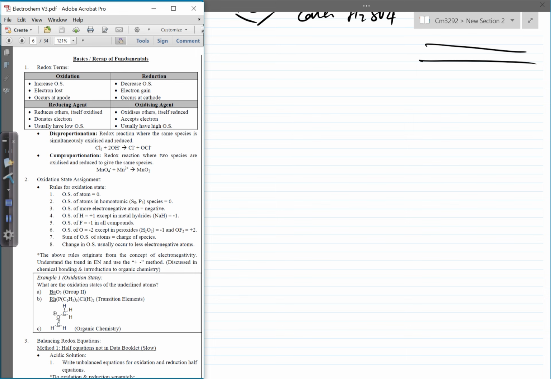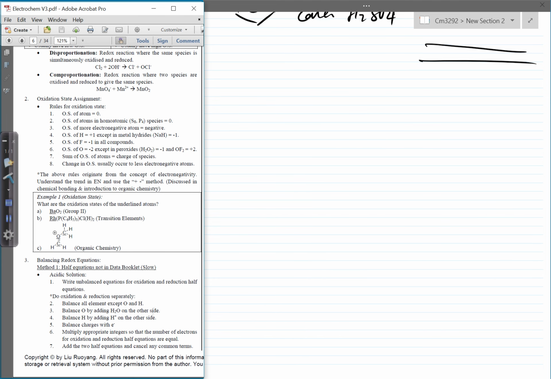Disproportionation is a redox reaction where the same species is simultaneously oxidized and reduced, while the opposite is called comproportionation, right? So don't get confused. The second one is not disproportionation, right? First one is 1 become 2, the second one is 2 become 1, right?